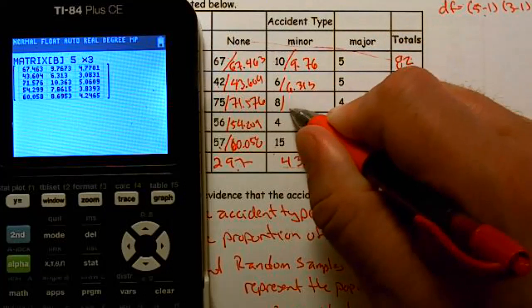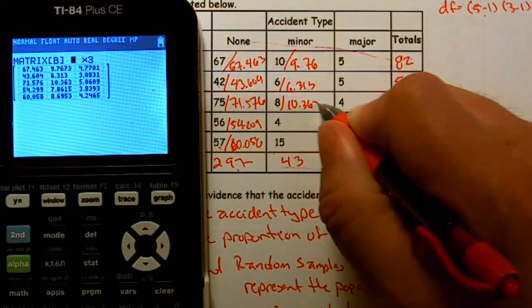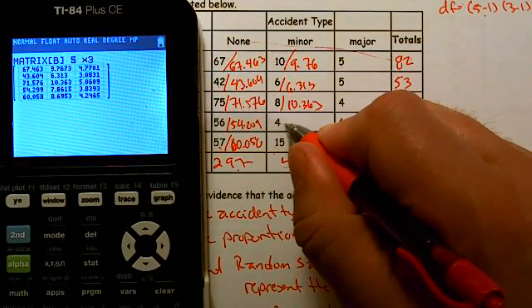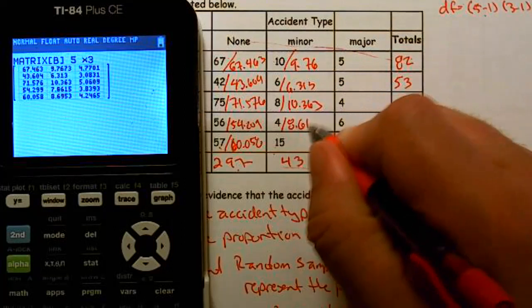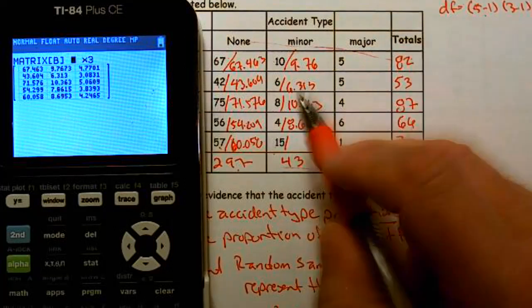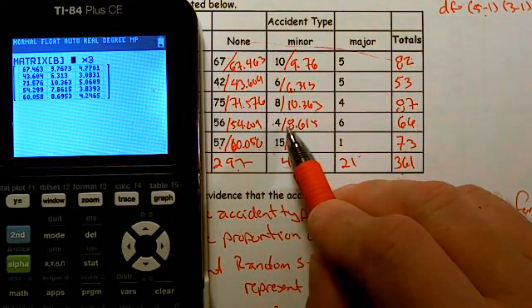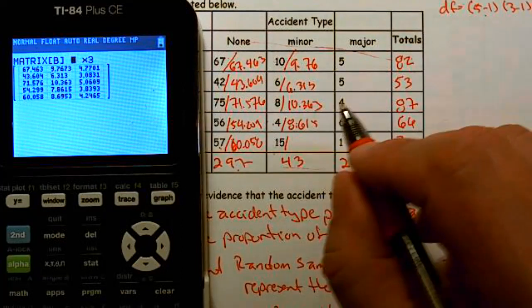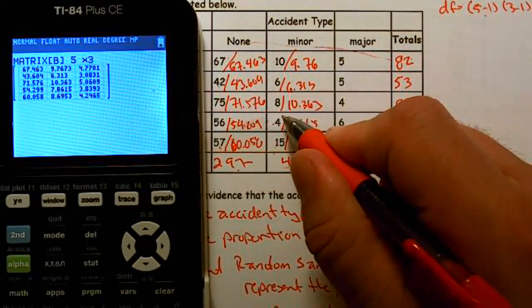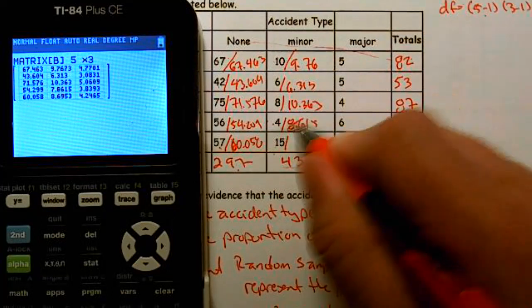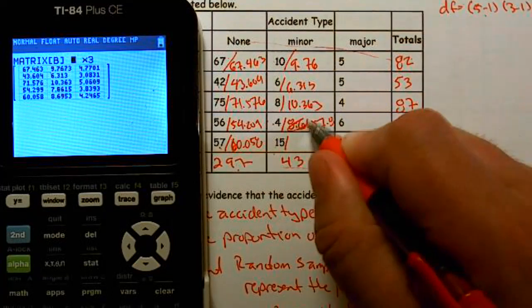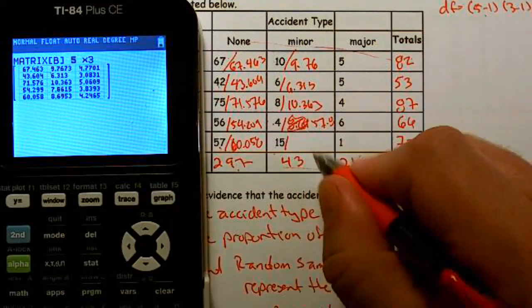This is 10.363, 8.615, and so far everything's greater than 5. So far we're good. Now this is 4, but it's not the expected. The expected was 8, so we're good to go. Oh, the expected was 7, I'm sorry. This was 7.8, wrote the wrong value. And then this is 8.69.